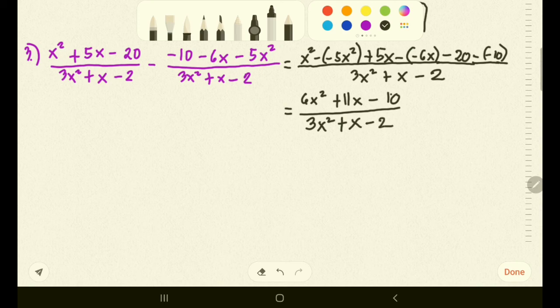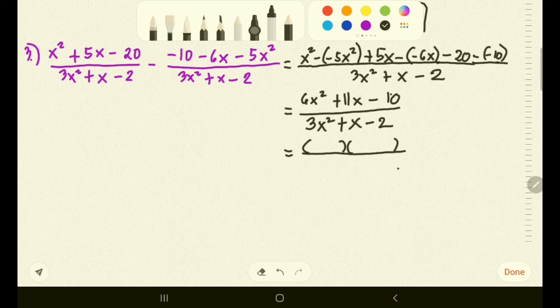But class, remember to simplify your answer. Since the numerator and denominator are still factorable, you could factor them. First, look for their GCMF in 6x squared plus 11x minus 10. There is no GCMF, and since that is a trinomial, you could use factoring of trinomials. Of course, we are expecting two binomial factors.